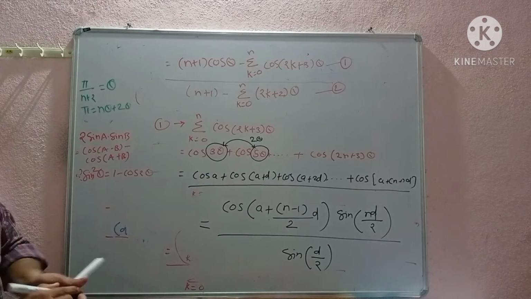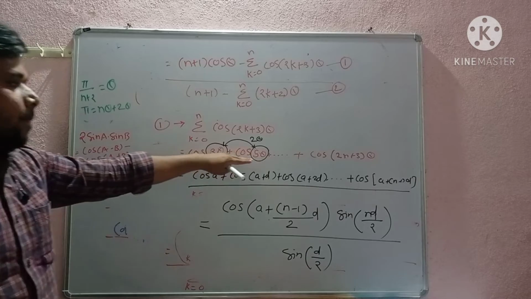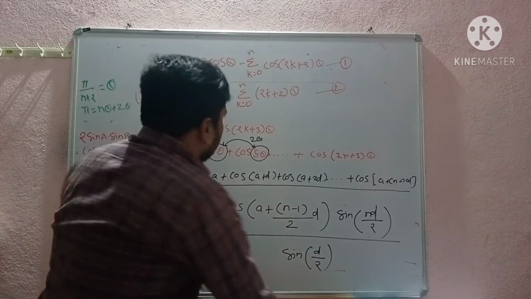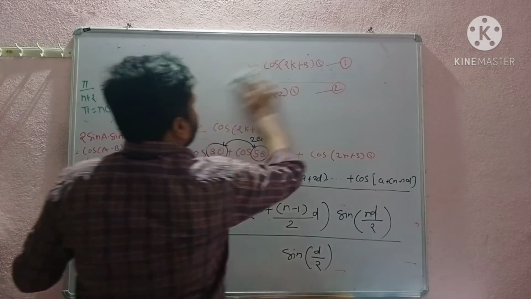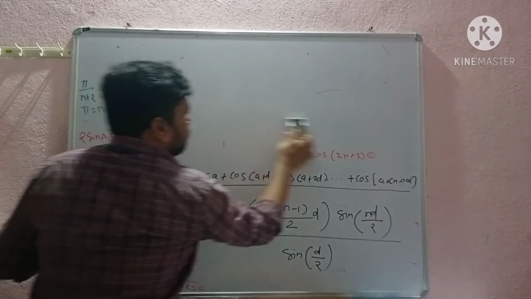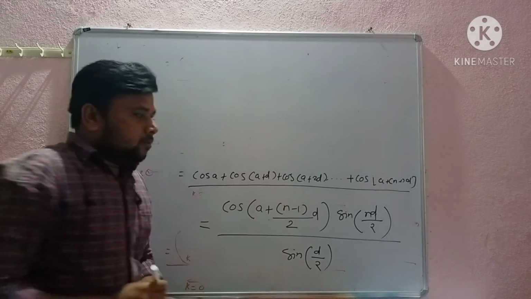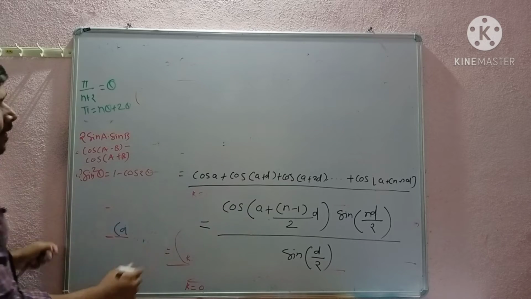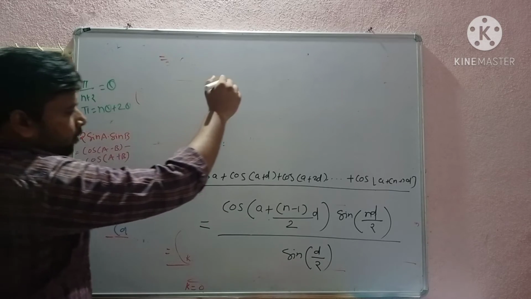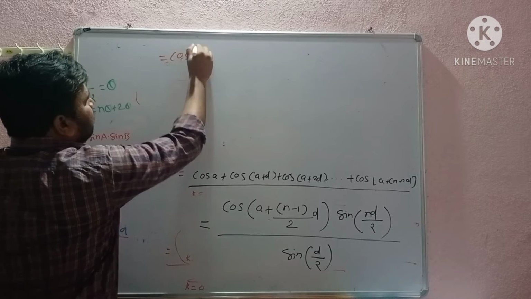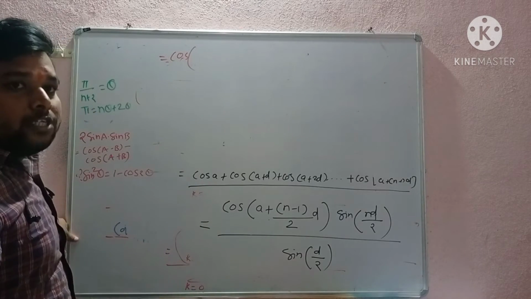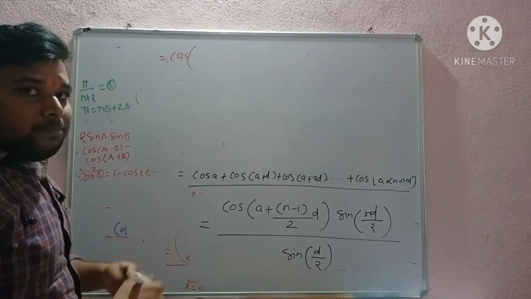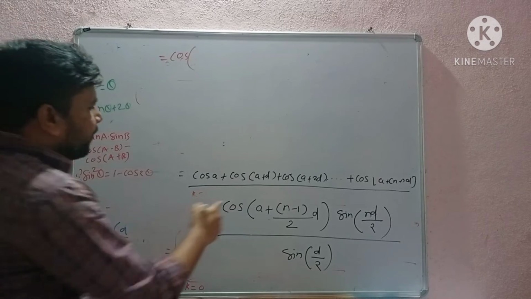Now we will simplify this expression by using this formula. So let's put the values in this expression. We will get cos of, what is the value of a? The first value, that is 3 theta, is the value of a here.